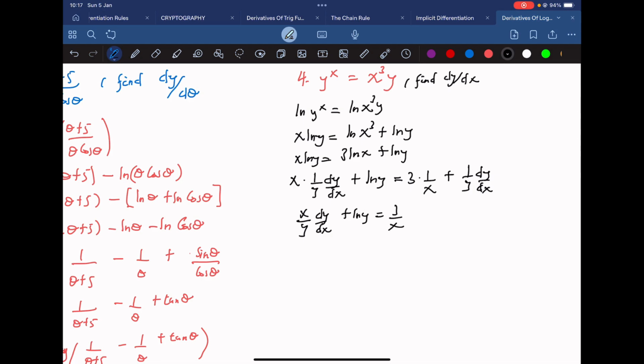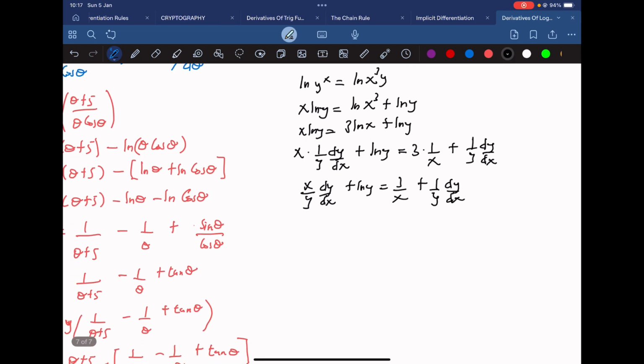This is equal to 3 over x plus 1 over y dy dx. And remember, to find dy dx, you just have to group like terms. So you can send this one over here, or you can bring this one to the right hand side. Any of them works. So I'm going to send 1 over y dy dx to the left hand side.